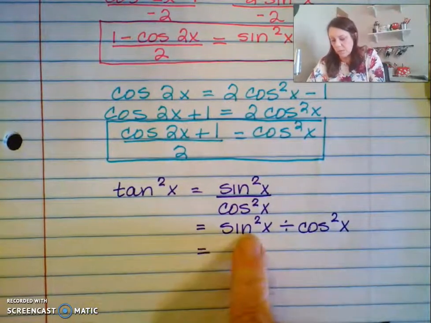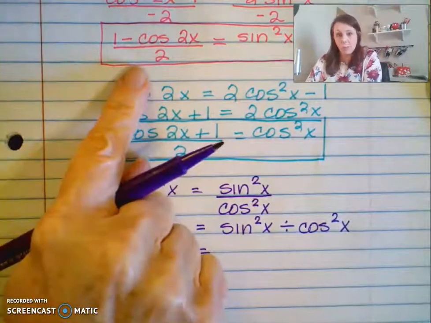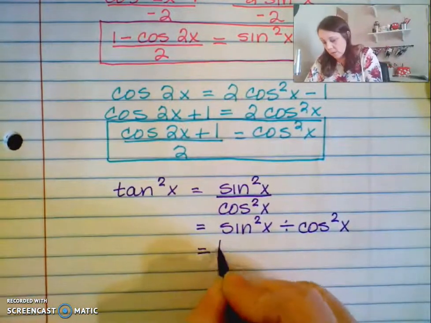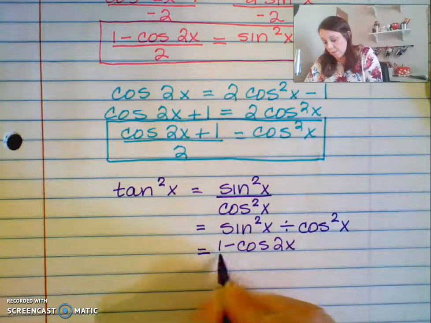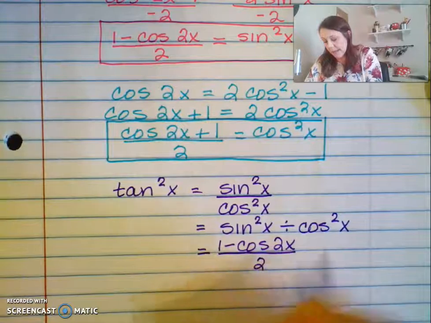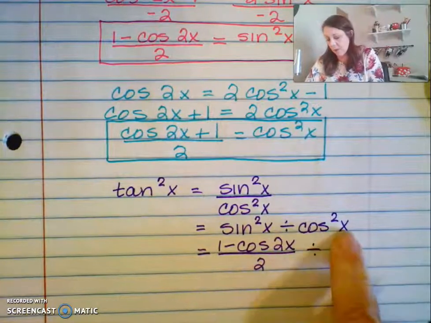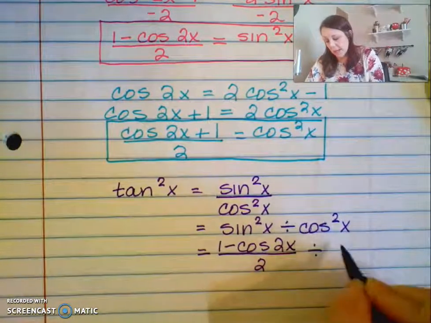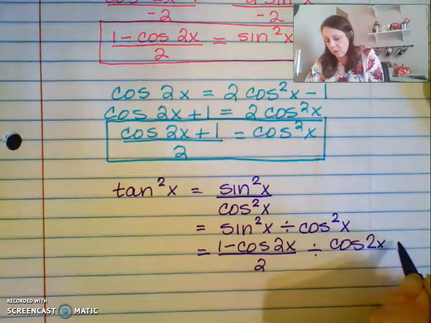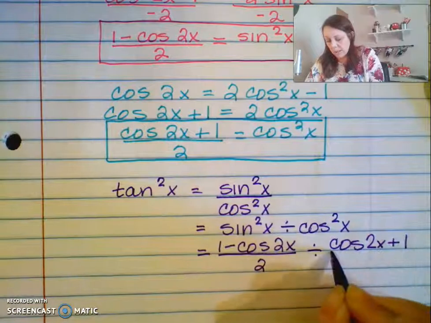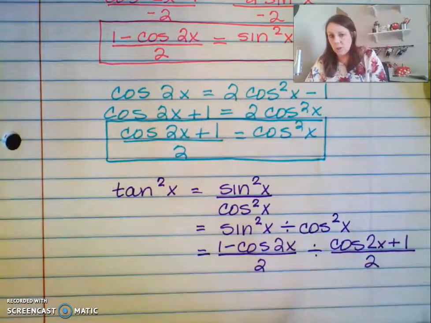Okay, so we're going to replace this sine squared with this quantity that we derived earlier, 1 minus cosine 2x all over 2. And we're dividing that by the cosine squared, which is this quantity, cosine 2x plus 1. There again, if you wrote it as 1 plus cosine 2x, that's fine, all divided by 2.